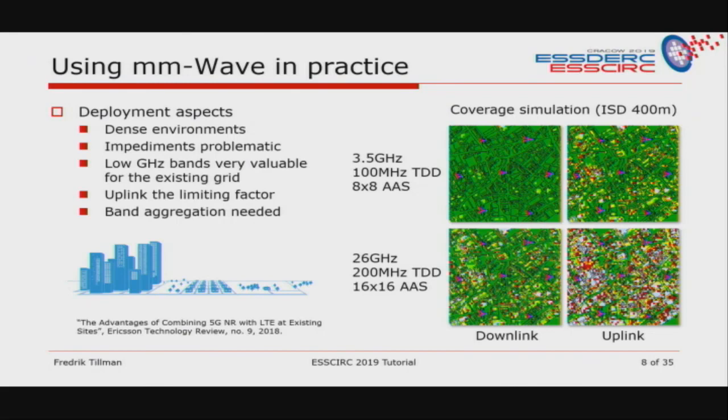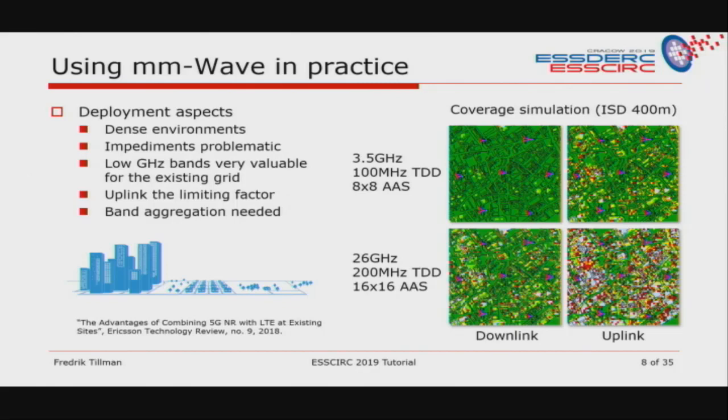You need to combine it with a lower gigahertz band in order to make coverage for the user as well. So this really shows that you need to combine both the millimeter wave to have the real boost where you have the hotspots, but you also need to have a good deployment for the coverage. And that's yet another challenge when you're going to make, let's say, cost-viable transceiver solutions.